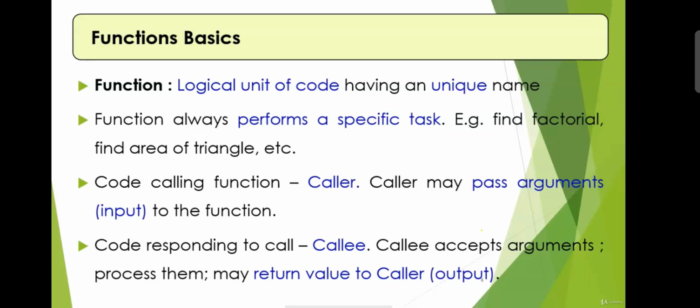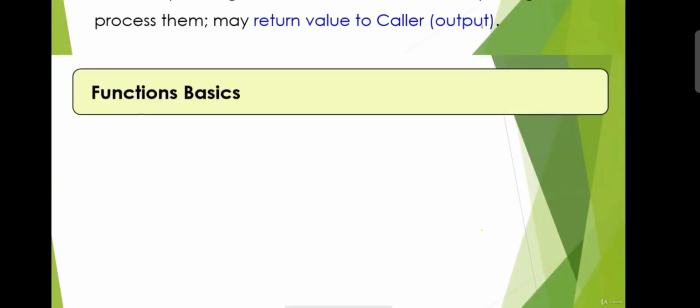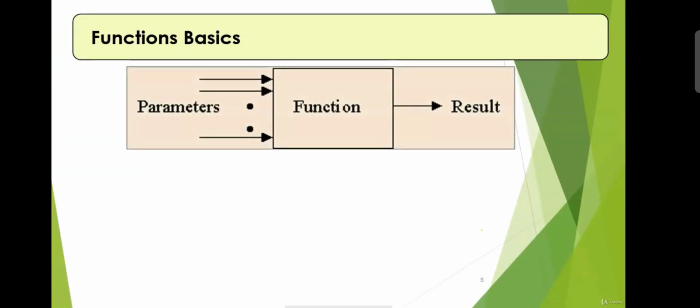That return value we may call the output of the function. Pictorially, a function can be shown like this. So a function accepts some parameters from the caller, processes these parameters, and produces a result, and finally the function may return a result to the caller.